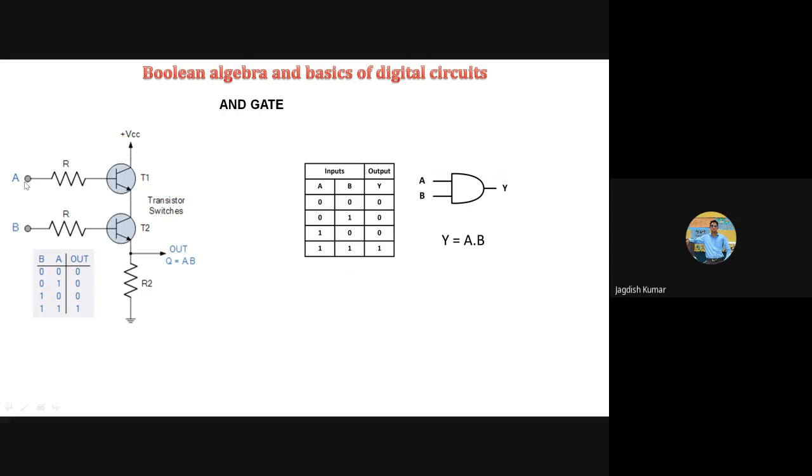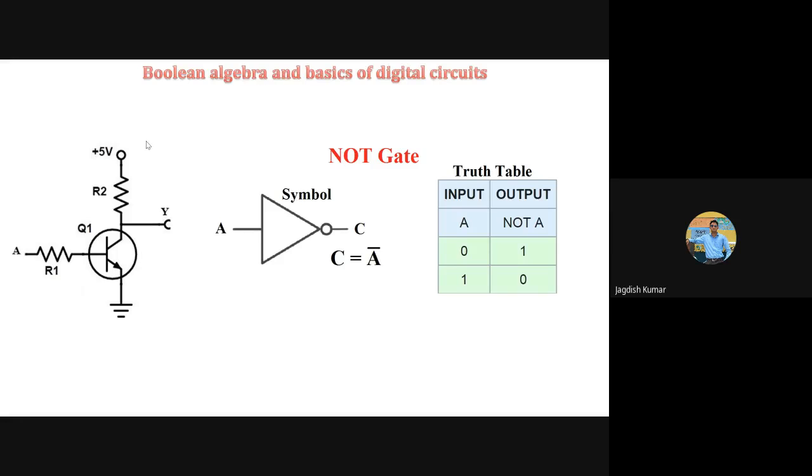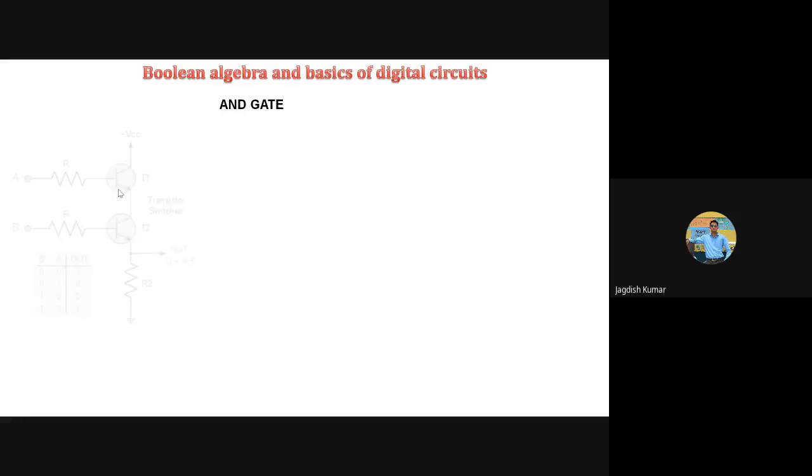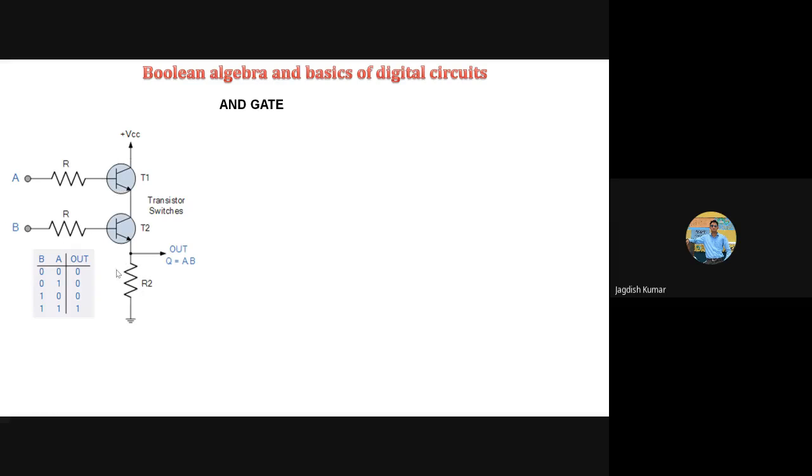Now again, if you put A equal to 1 and B equal to 1, when both are 1, what will happen? Now here notice that the resistance is placed here, not here. So try not to get confused. In the NOT gate, the resistance was placed here, right? And in this AND gate, the resistance is here, and this will make things a little different.